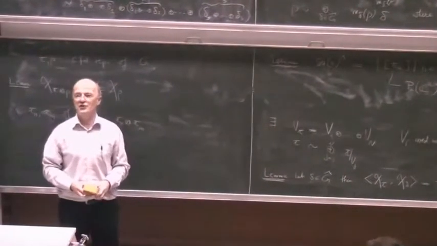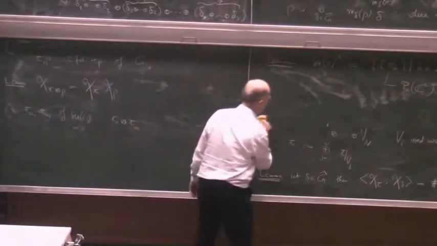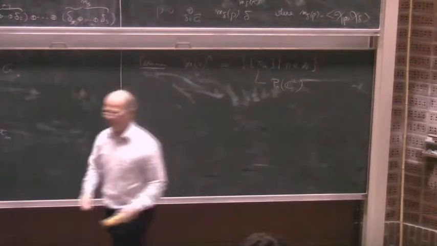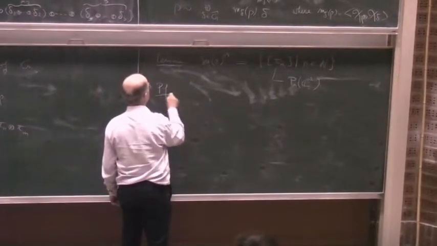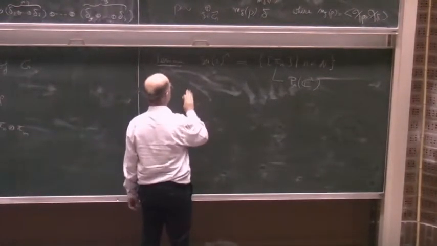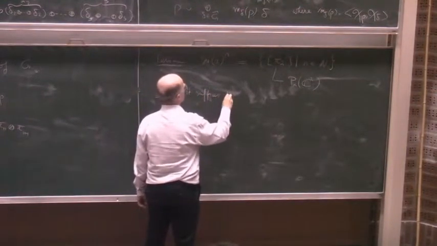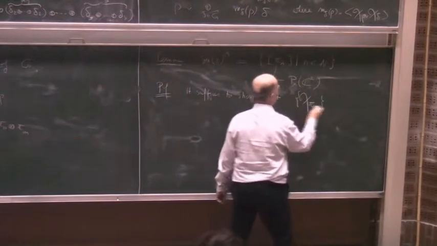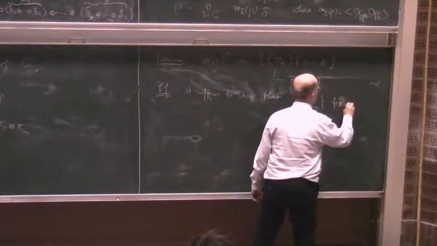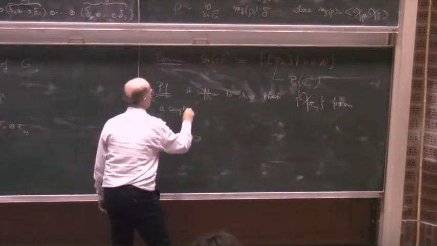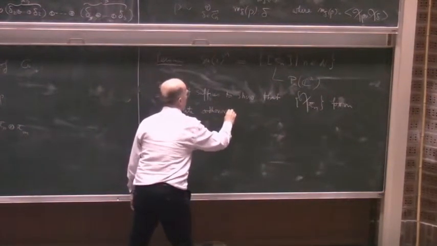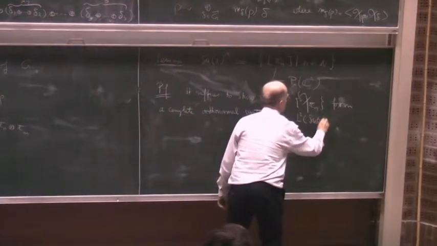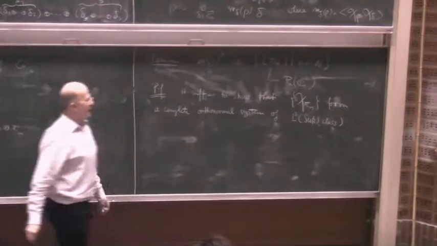Now how should one prove such a thing? Well, the idea of the proof is that it suffices to show that the characters of these representations form a complete orthonormal system of the class functions in SU2.